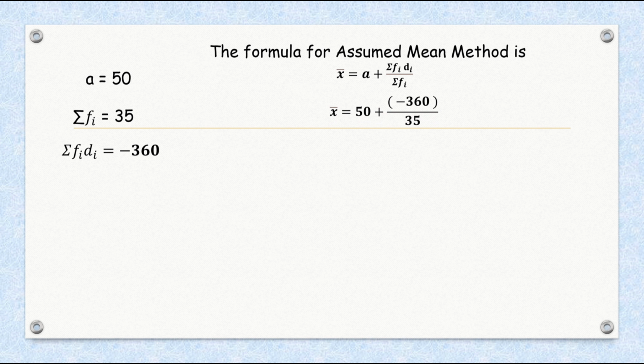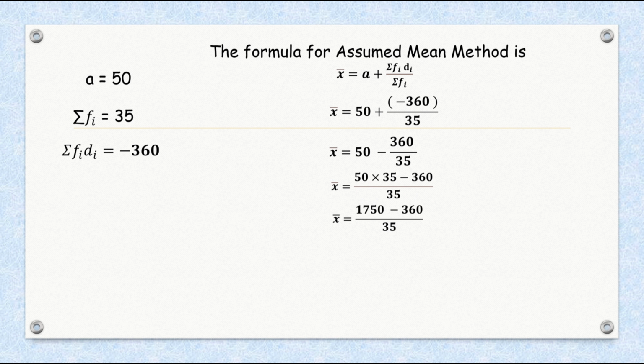So substitute all the values. x bar is equal to 50 plus minus 360 divided by 35. x bar is equal to 50 plus into minus is minus 360 divided by 35. So you have to take the LCM, that is 35. So 50 into 35 minus 360 divided by 35. So x bar is equal to 50 into 35, that is 1750, minus 360, divided by 35. x bar is equal to 1750 minus 360, you will get 1390.